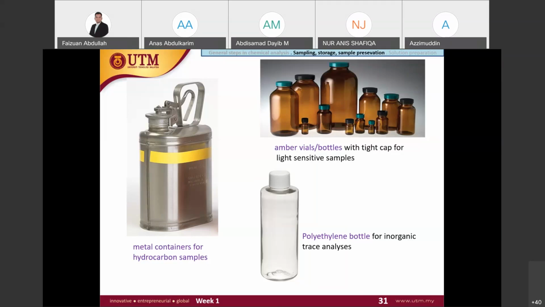All right, thank you. Okay, now we have amber vials. On the top of the slide, we have amber vials or bottles with tight cap for light-sensitive samples. Okay, what is light-sensitive samples? The samples that could degrade or could be decomposed when exposed to the light, right? So we have to put the sample containing the analyte that could be decomposed or degrade when exposed to the light, especially the sunlight or whatever light that could decompose the analyte.